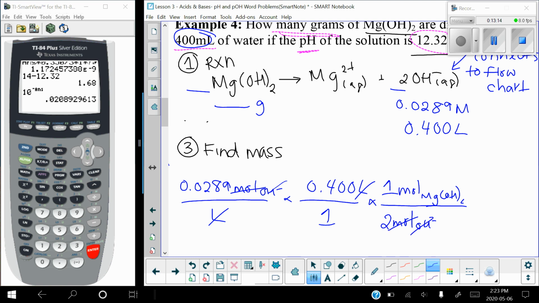Hydroxide cancels out with hydroxide, and now I have moles of magnesium hydroxide, but we need to find grams. So again, if you have moles and you want grams, you have to convert it, and you convert it by using your molar mass. Your molar mass of magnesium hydroxide is 74.33 grams per mole. So go ahead and use that.